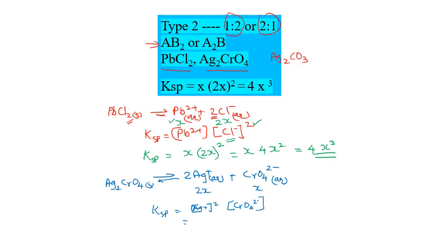And we know Ag+ concentration is 2x, and we have a power 2 here, and for CrO4 2- we have x here, so 2 times 2 is 4, and x to the power 2 and x. So what will we write again? 4x cubed. So you can see that whenever there are 3 ions forming, we can write 4x cubed to connect with that solubility product, correct?